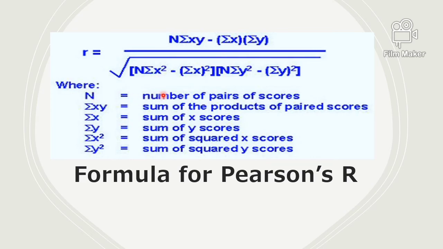Where n is the number of scores, summation of xy is the sum of the products of their scores, summation of x is the sum of the x scores, summation of y is the sum of the y scores, summation of x squared is the sum of the squared x scores, and summation of y squared is the sum of the squared y scores. So this is the Pearson r. Take note that n is the number of scores. Later, we will have an example on how to compute this.